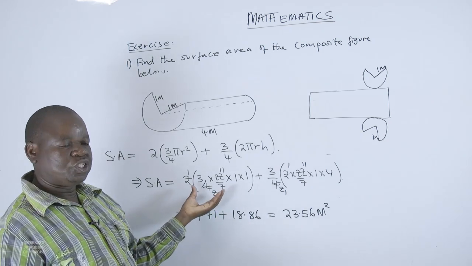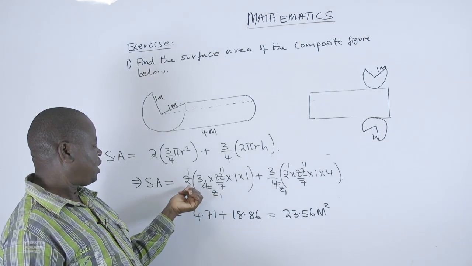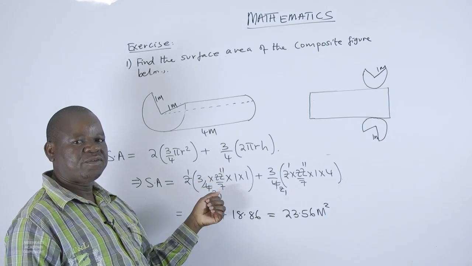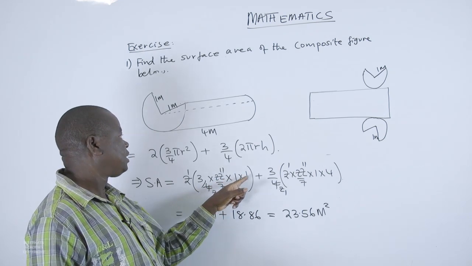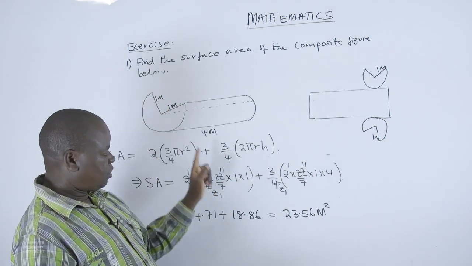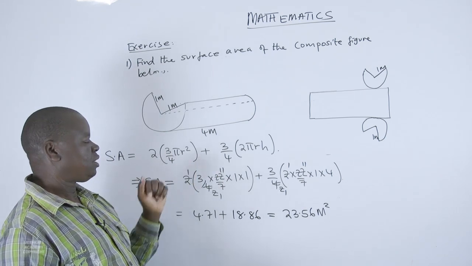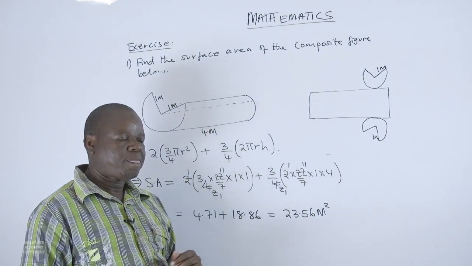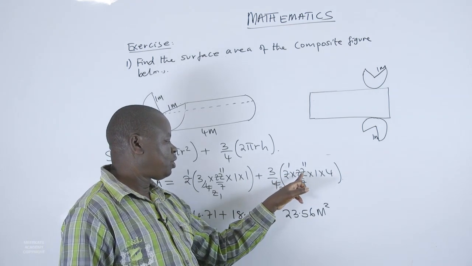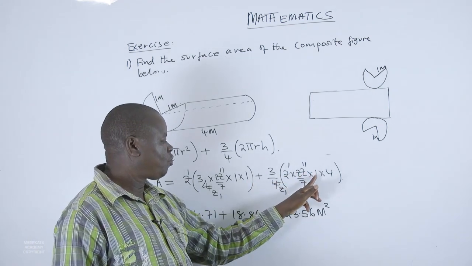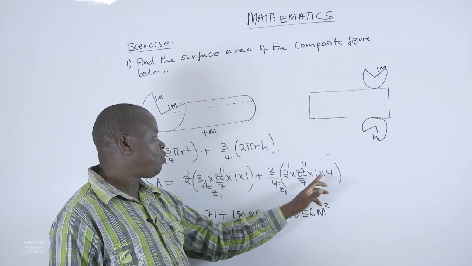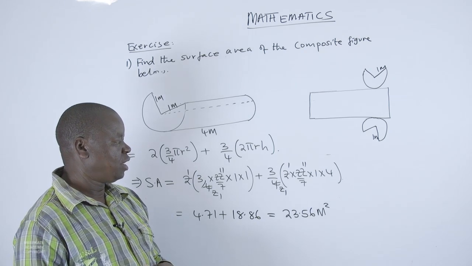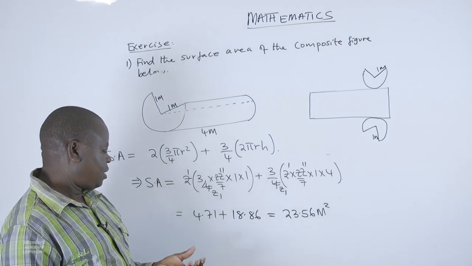So when we do the substitution, we obtain 2 into 3/4 times 22/7. The radius is 1. So it is 1 times 1, that was r squared, plus 3/4 into 2 times 22/7 times 1, which is the radius, times 4, which is the height or length of that particular cylinder.